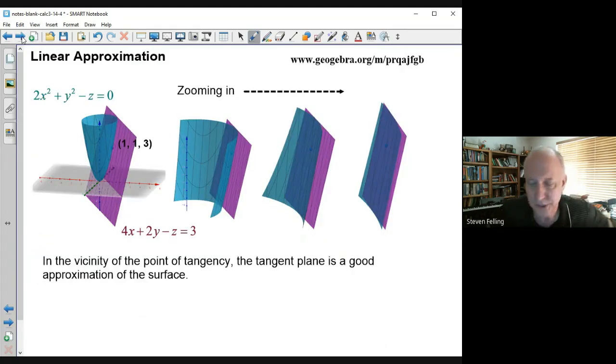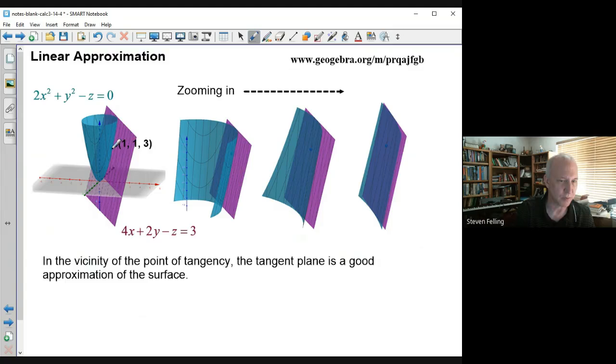All right, so the second topic of the three topics in this lesson is linear approximation. Okay, and you can play around with this if you want, but basically I'm showing what comes out here. If I have a surface here, and I have a tangent plane to that surface, at first the tangent plane is not very close to the surface, right?